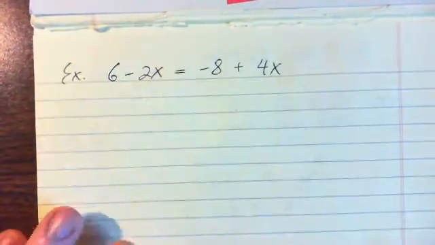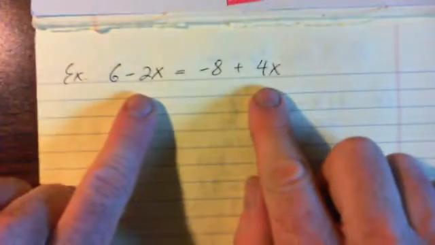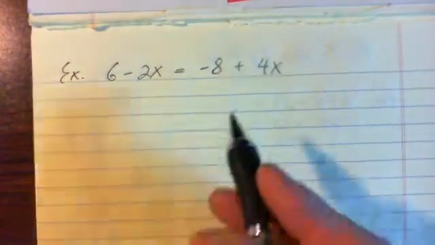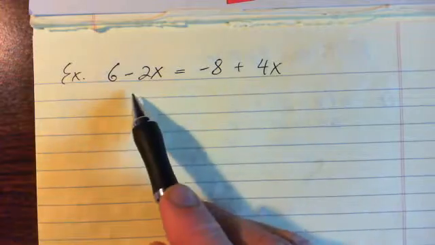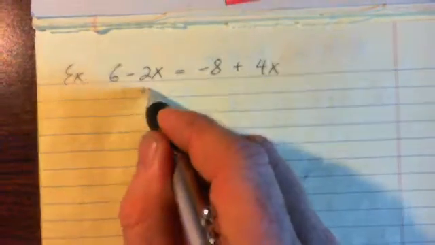Suppose you have 6 minus 2x equals negative 8 plus 4x. Alright, so we have variables on both sides. So the first thing you want to do is bring them together. So now I could either subtract 4x from both sides, or here is a negative 2x.